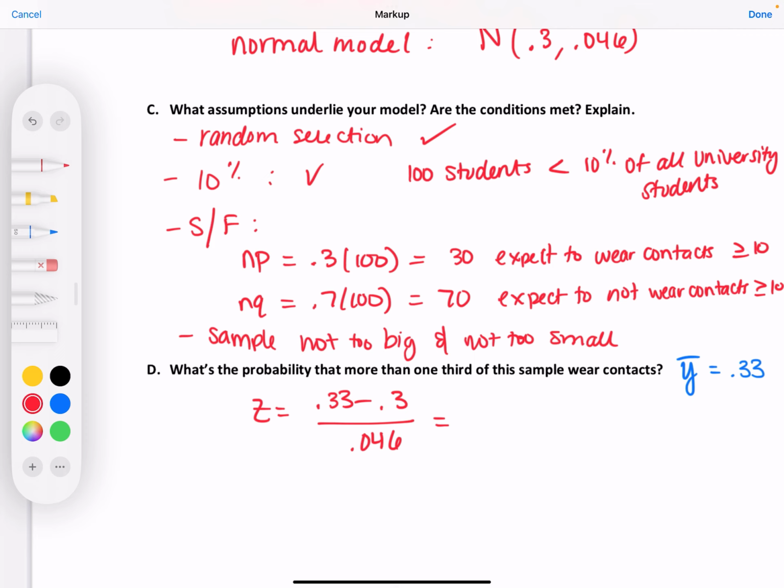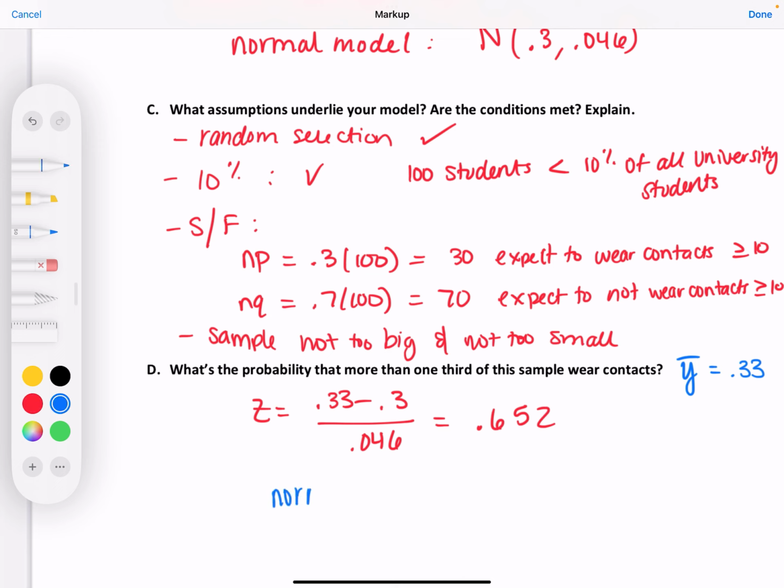Interesting. 0.652. So then we're going to use normal CDF to solve this.